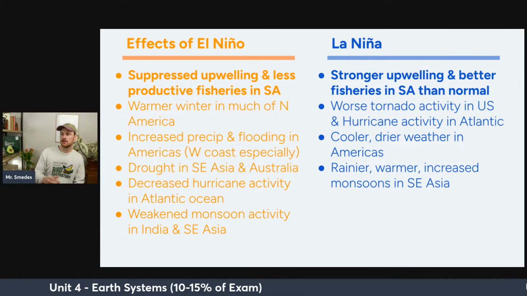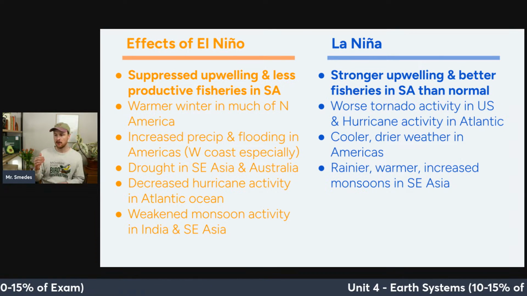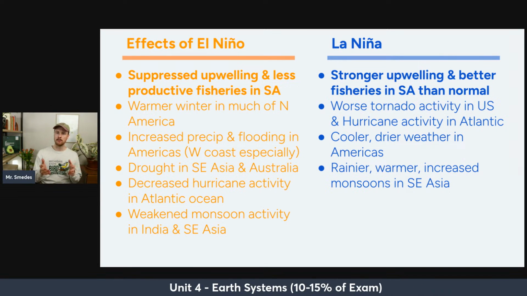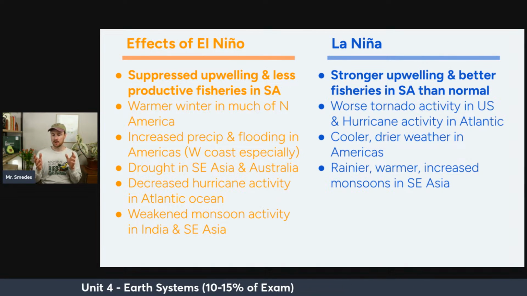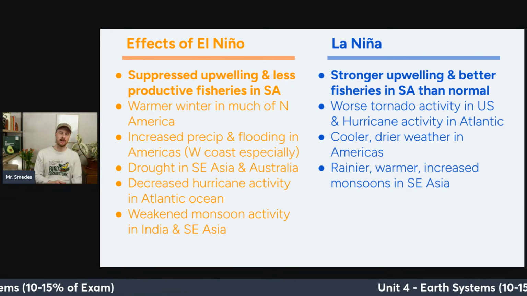These aren't as critical to remember. The ones I always focus on are the increased risk of flooding in South America when we're talking about an El Nino year, and the increased risk of drought and less productive crops as well.